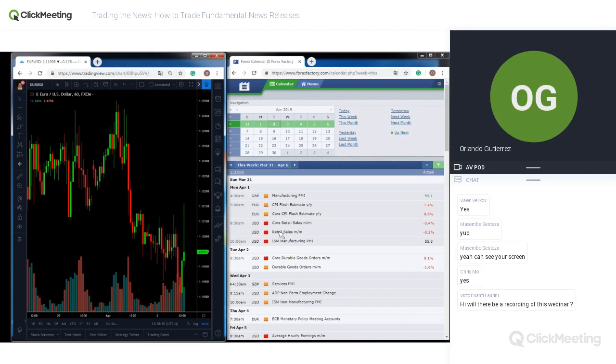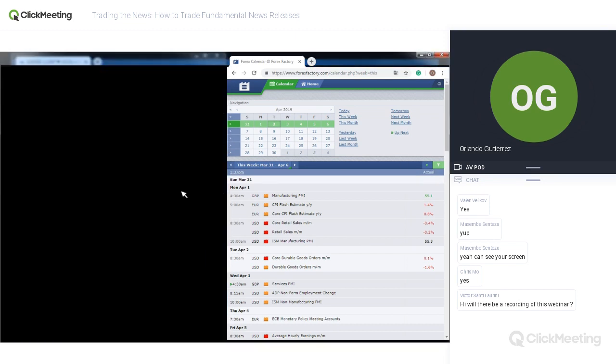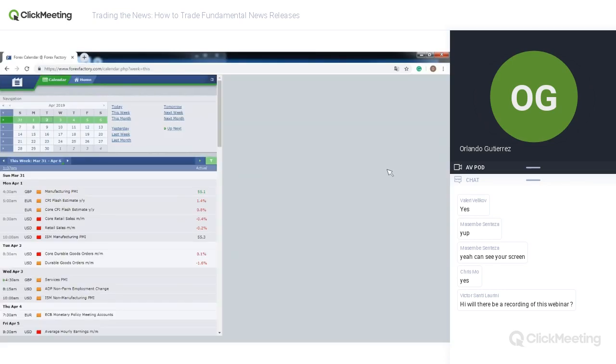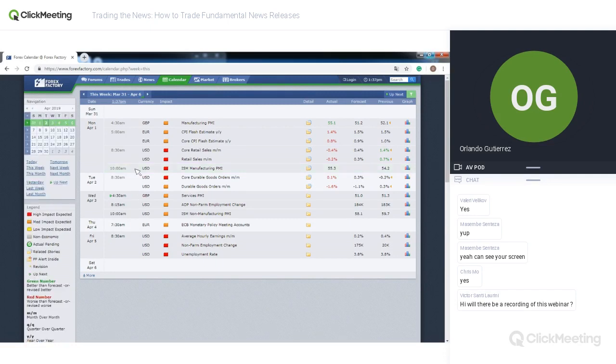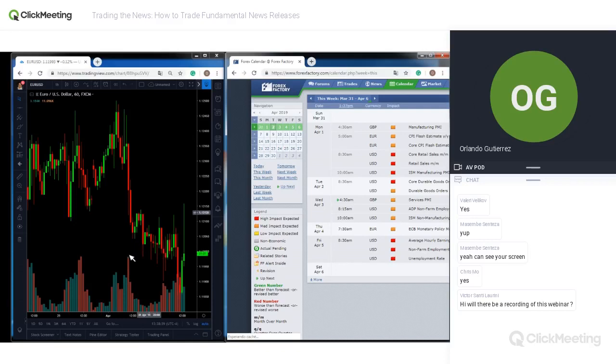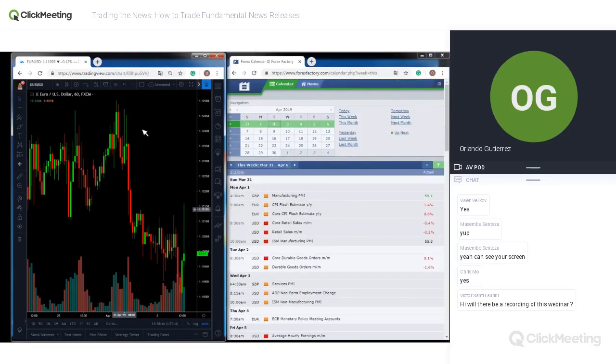Now at 8:30, we had the core retail sales and the retail sales month over month both, and the ISM manufacturing PMI. Now let me look at manufacturing PMI. Yeah, we had a better than previous ISM manufacturing PMI. So this means that we had a bullish run on the US dollar, which means that the euro against the dollar was going to drop.